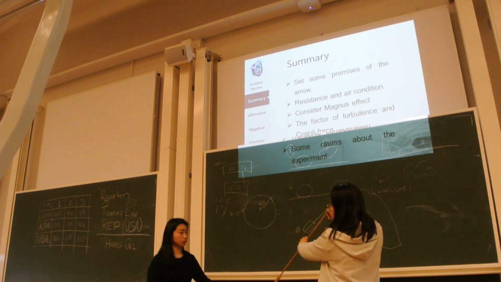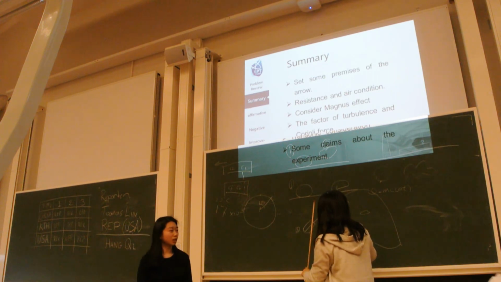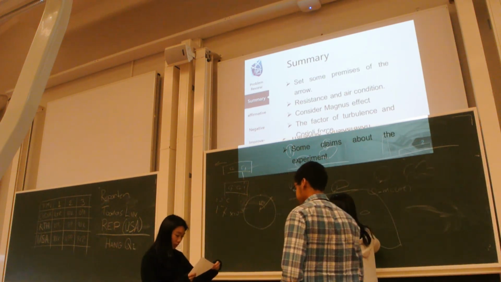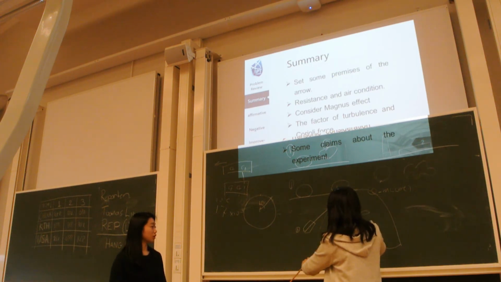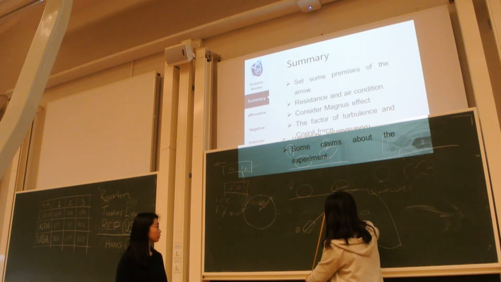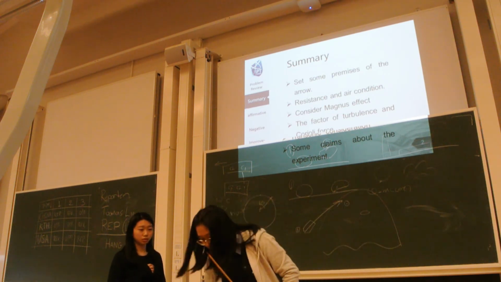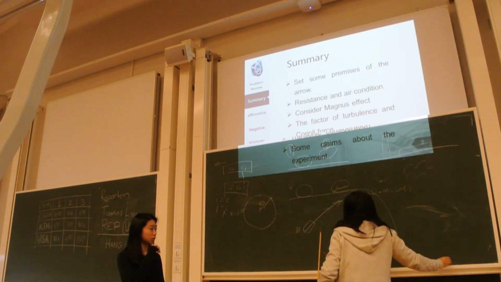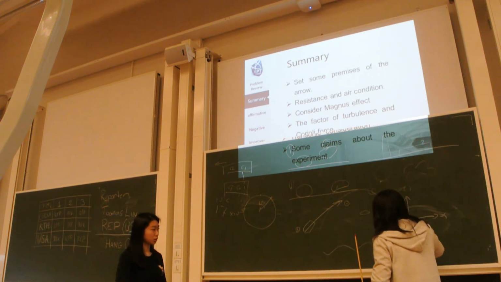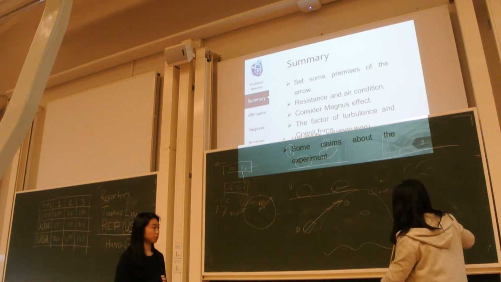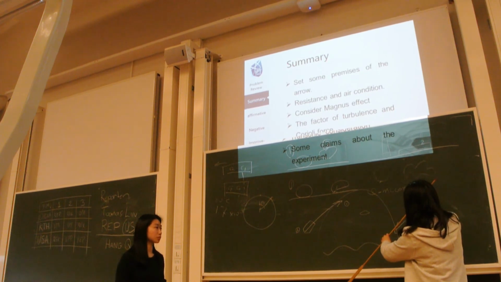This way. So we must consider the mass distribution of the arrow because it could influence the distance, so it could turn in this surface.